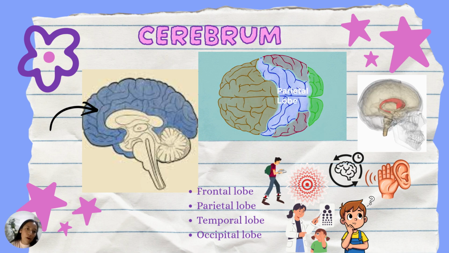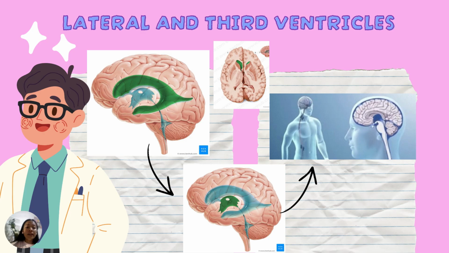in the cerebral part. The brain has a lateral and anterior ventricle, and this contains a system of cavities called ventricles. The lateral ventricles are located in each cerebral hemisphere, that is like a little C that we can see in green color in the first image. The third ventricle is located in the center of the brain.